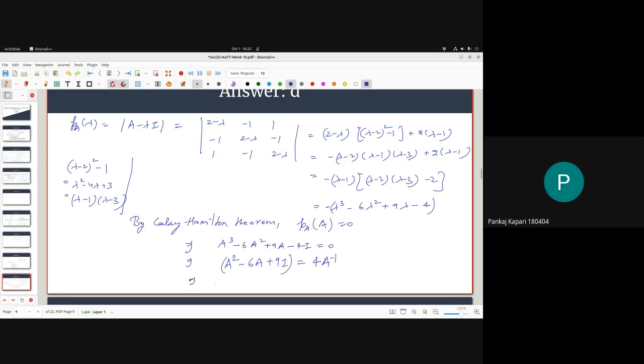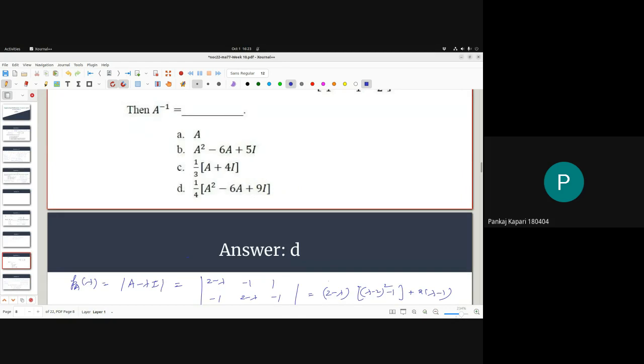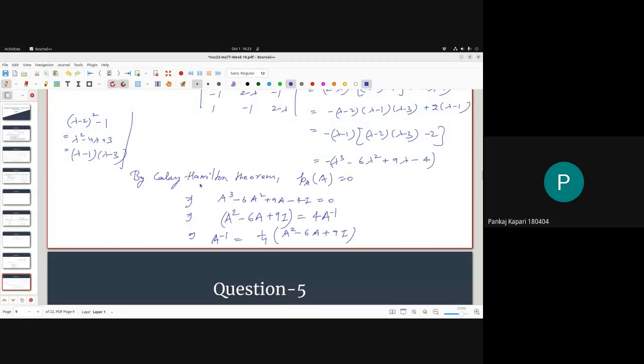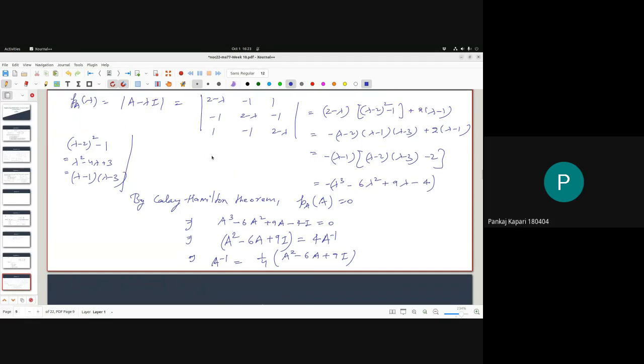So this implies A inverse is equal to 1 by 4 times A square minus 6A plus 9 times identity. Okay, so here option D is correct. So this is an easier way, or another way, to find the inverse of the matrix.